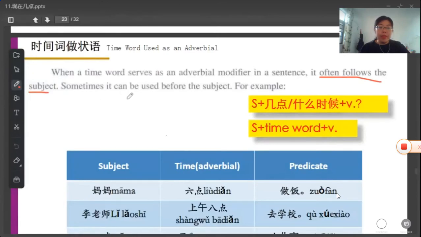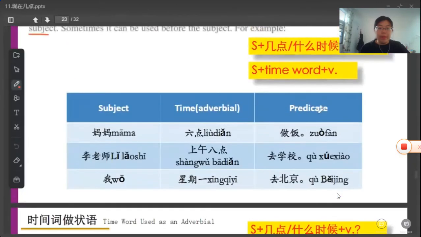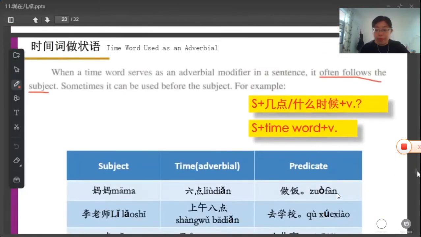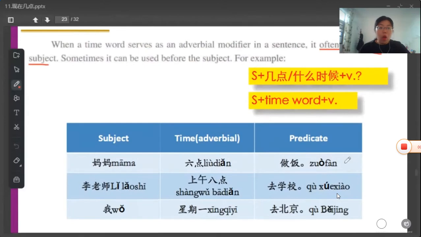Sometimes it can be used before the subject. For example, 妈妈6点做饭. In this sentence, 妈妈 is the subject, and 6点 is the time word.